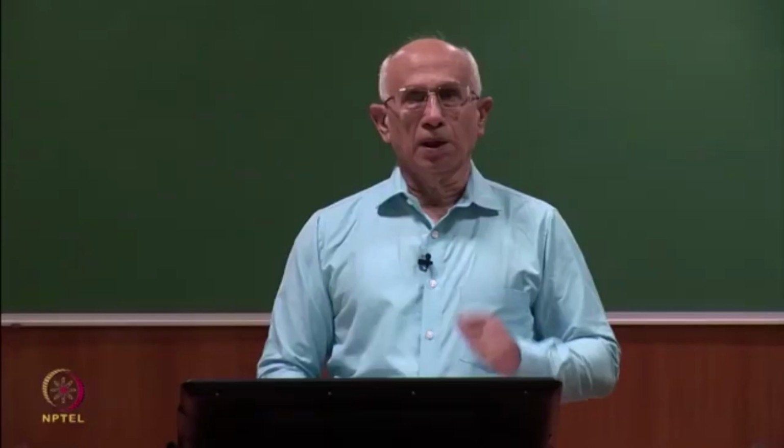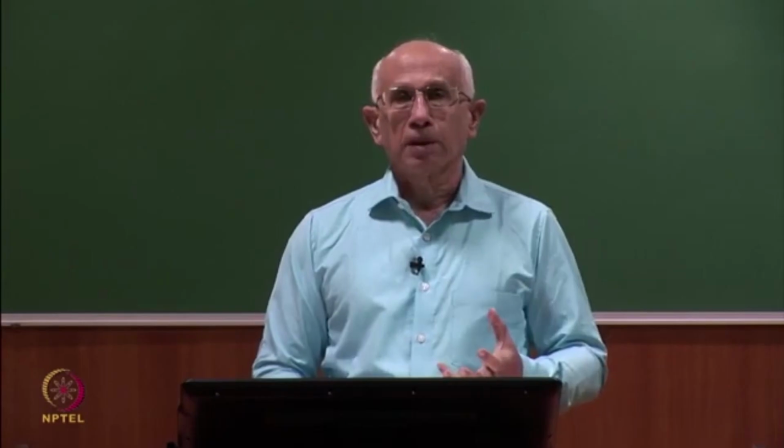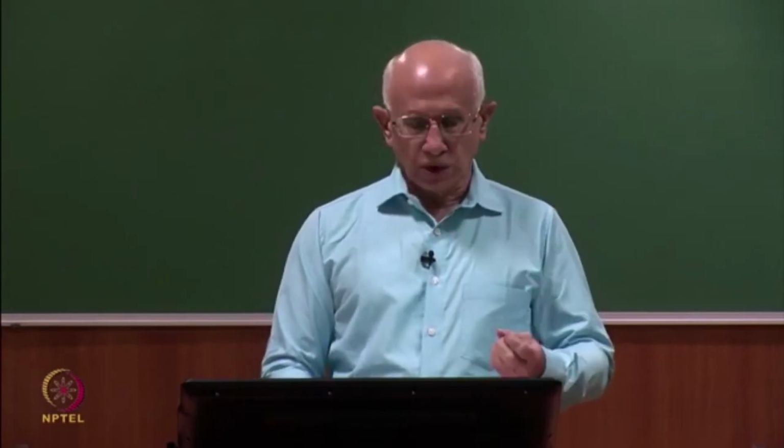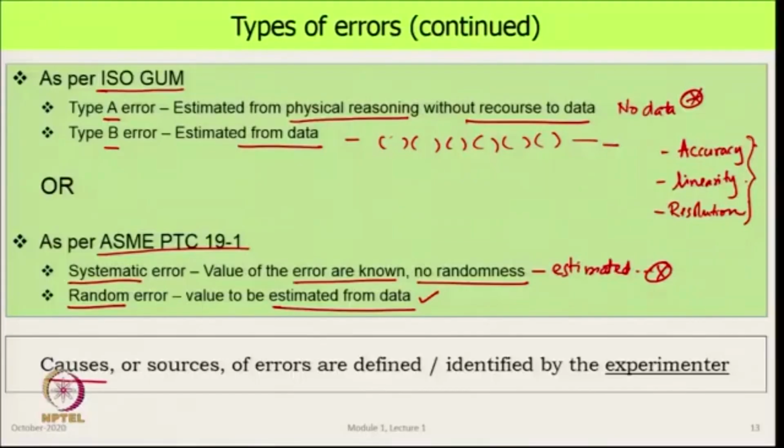The important thing here is that in an experiment, in a measurement, the sources of error, the types of those sources, the causes and their definition is the responsibility of the person who is doing the experiment.